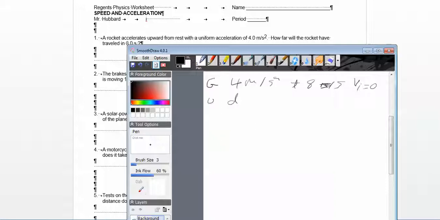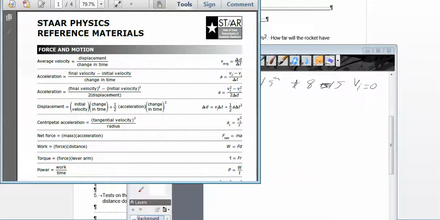Now the guess method says let's find our one equation to solve the problem. This is a great method if there is one equation to solve the problem. We'll find this equation on our reference sheet.